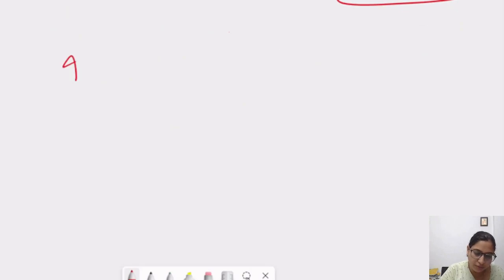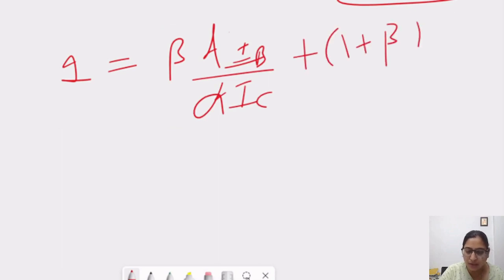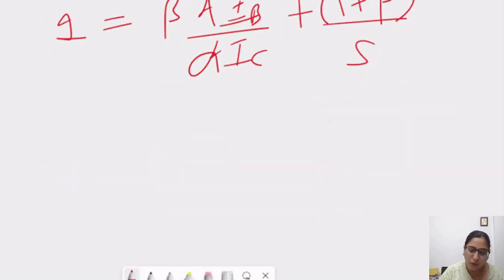So this is 1 equals beta dIB upon dIC plus (1 plus beta) upon S. This term I am considering as 1 upon S, so this is (1 plus beta) upon S. Now we will solve this equation in terms of stability.